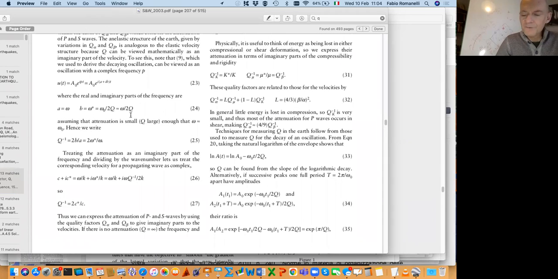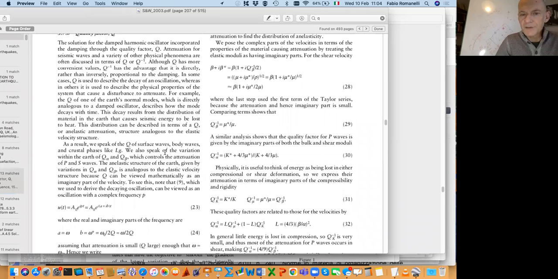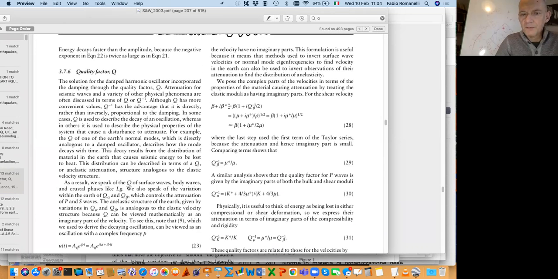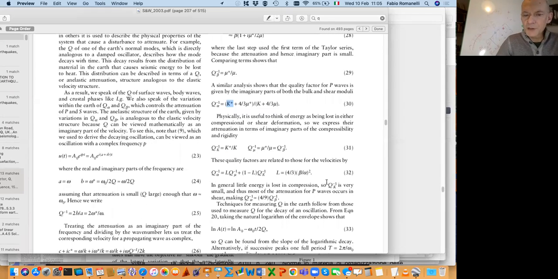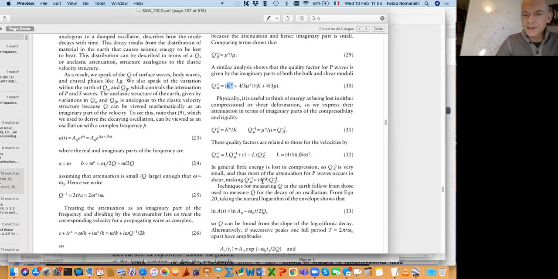Because from the damped oscillator, you can get the definition of attenuation, Q minus 1, and here there is the definition of beta as a complex velocity, and of course the imaginary part is taking care of what we can call the phase attenuation. Q beta, Q alpha, K is the bulk modulus, and then with an approximation here, you find your answer.